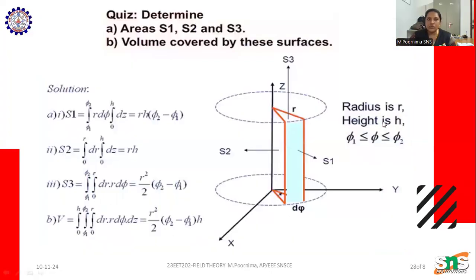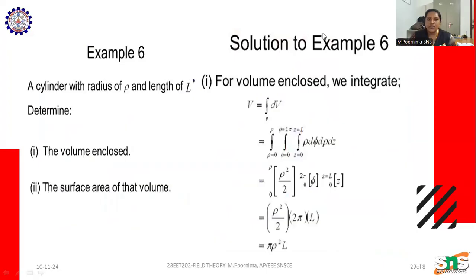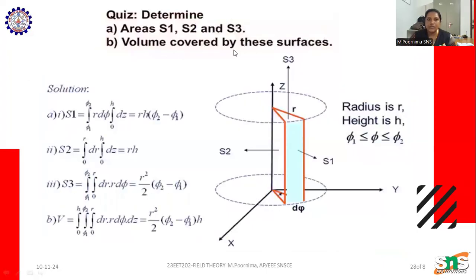Here the volume is covered by the surfaces. The first surface S1 is the integral of phi 1 to phi 2 of r d phi, and 0 to h of dz, which gives r h times (phi 2 minus phi 1).